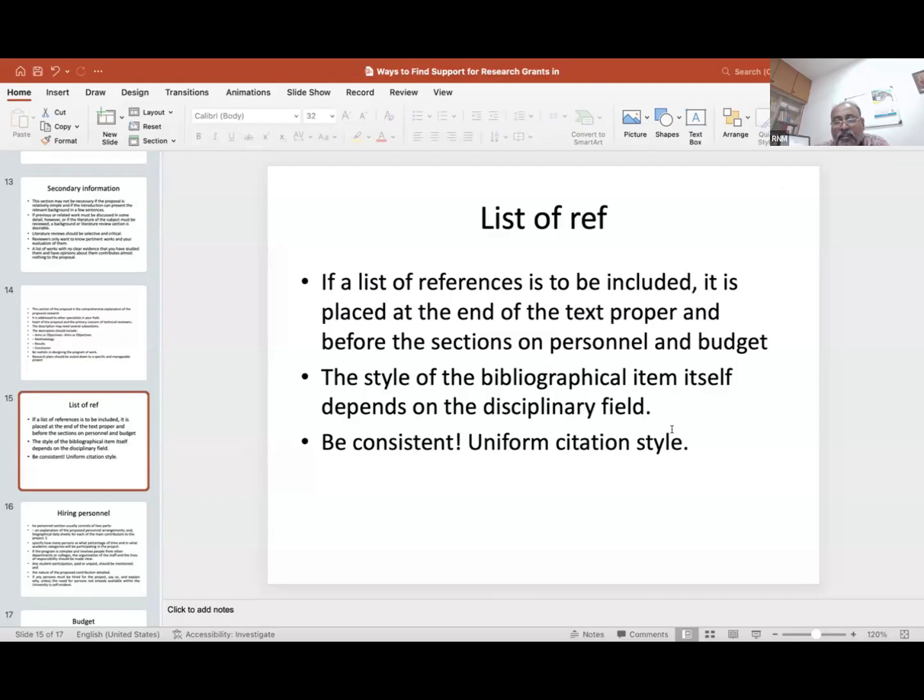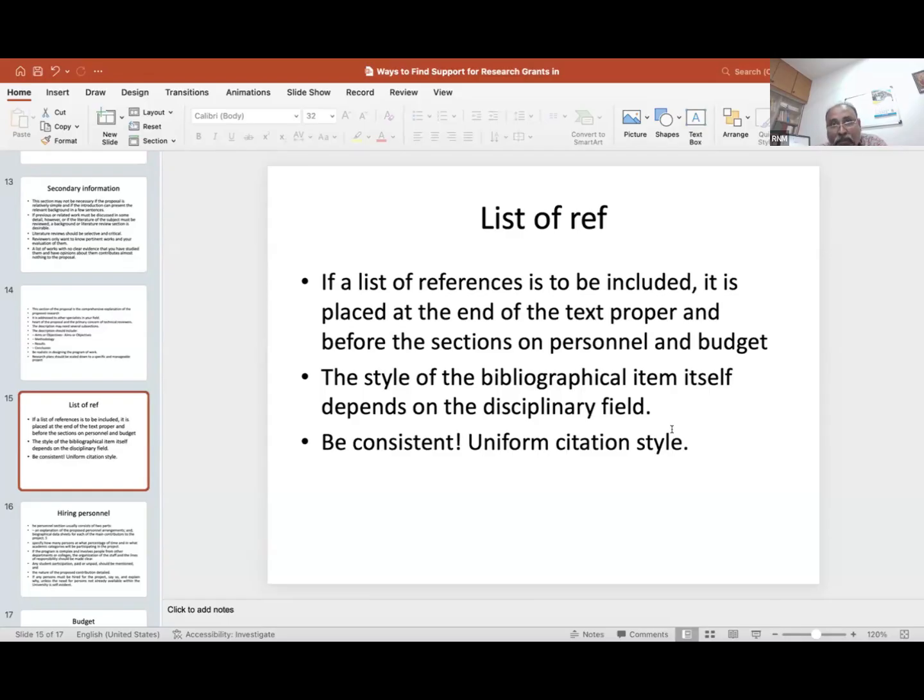As per APA style, you have to do references separately for the articles, book chapters, blogs, monographs, and ICT materials like videos and documentaries. Uniformity in the references is very much needed.